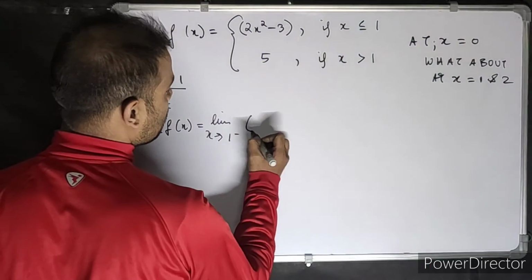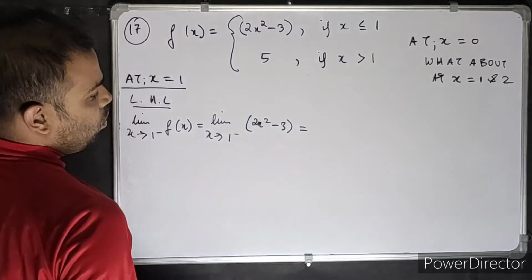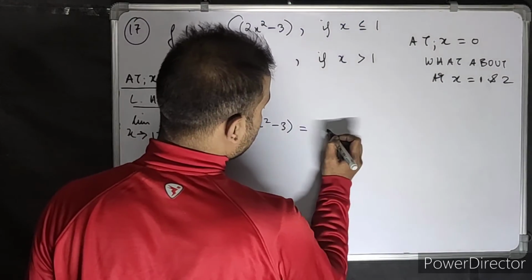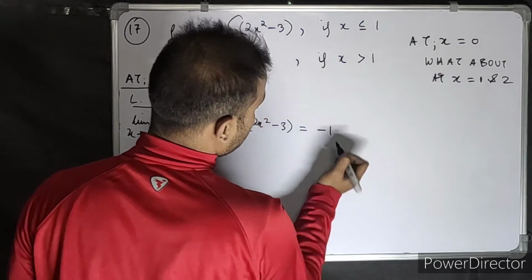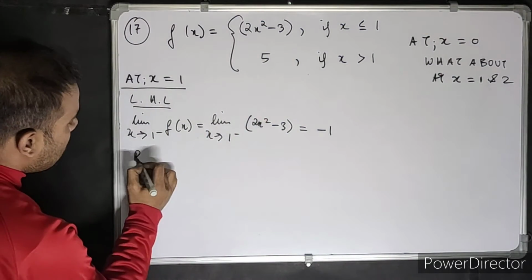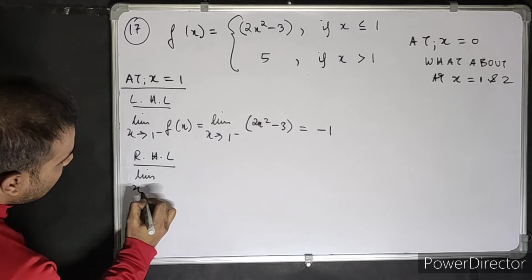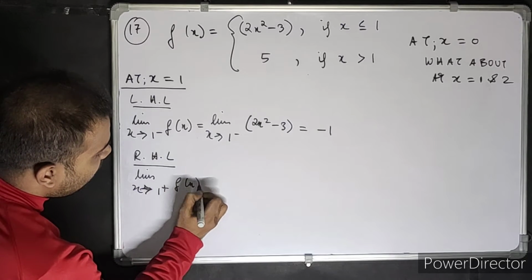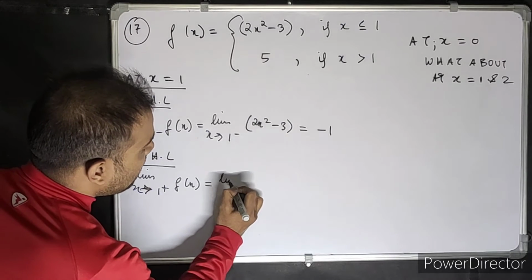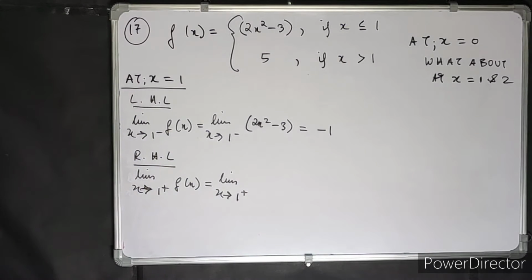So that function, that is 2x square minus 3. So put a 1 over here. So 1 when you put over here, that is 2 minus 3 is minus 1. Then the right hand limit. Okay. So limit of x tends to 1 positive, f of x is equal to limit of x tends to 1 positive.